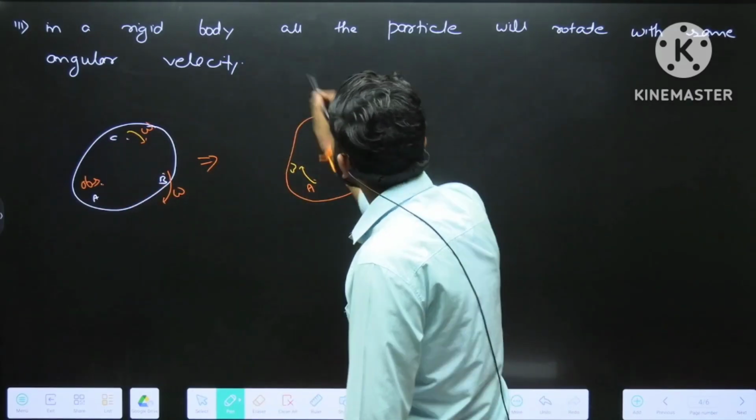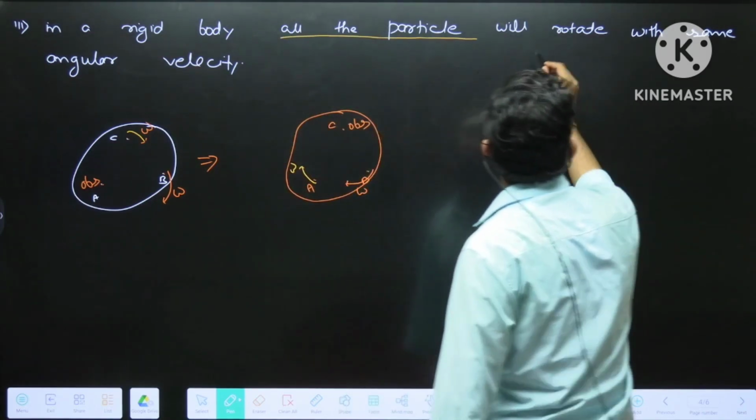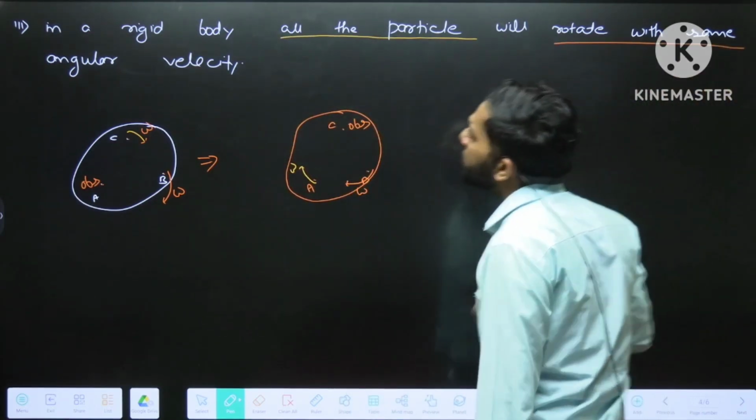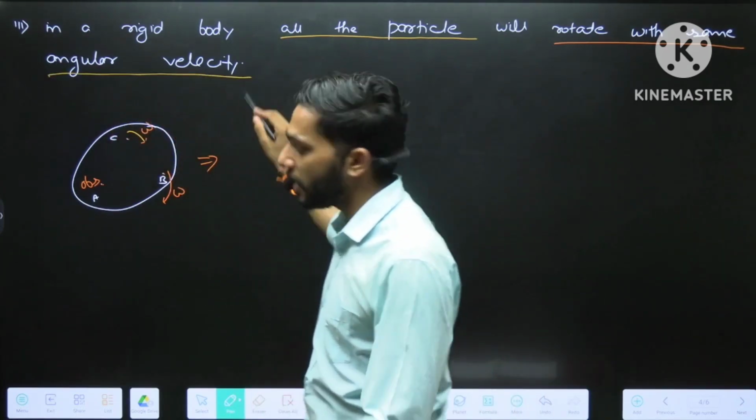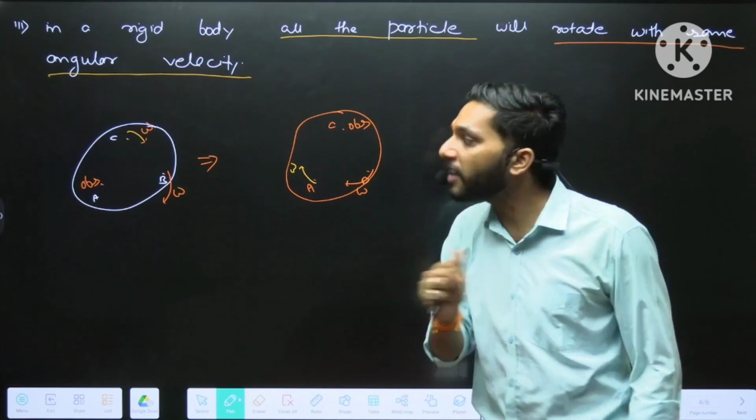So what is this? In a rigid body, all the particles will rotate with the same angular velocity.